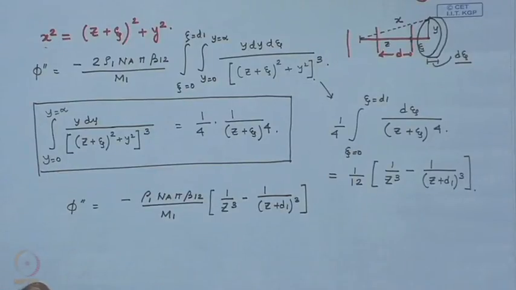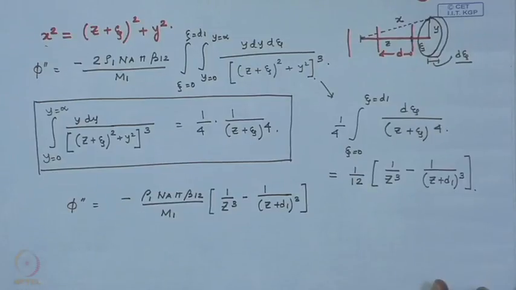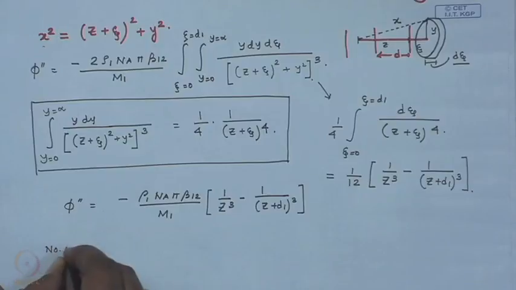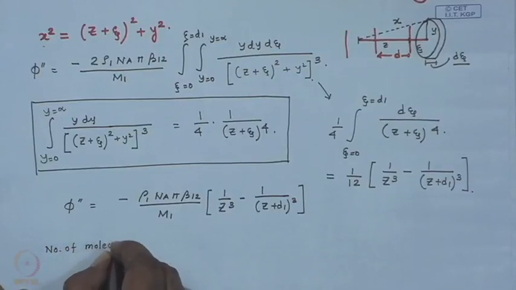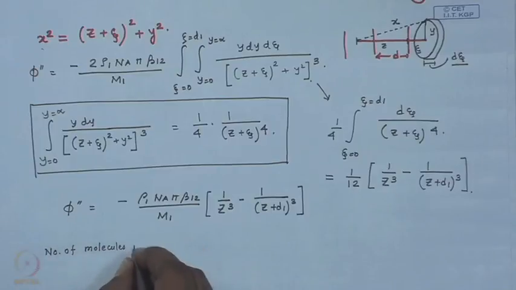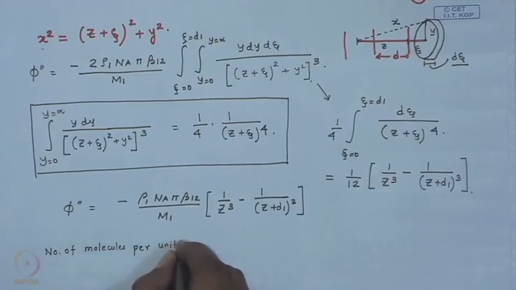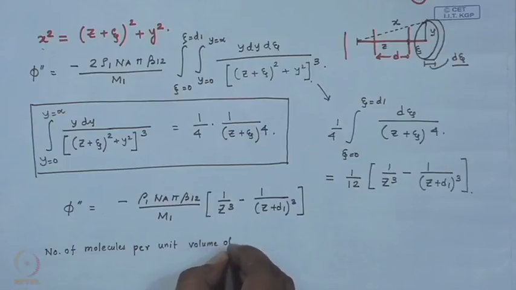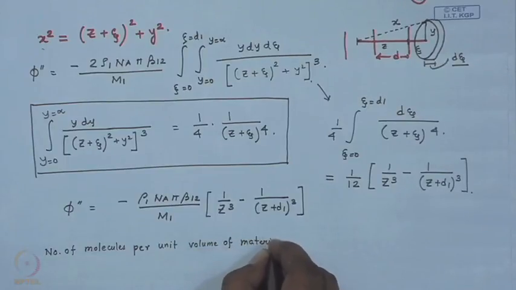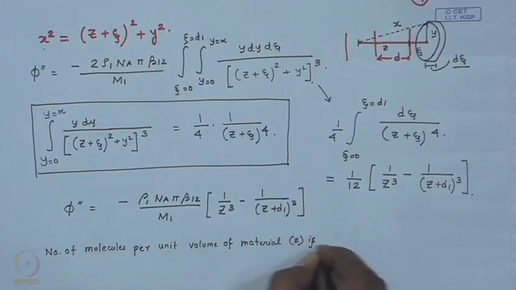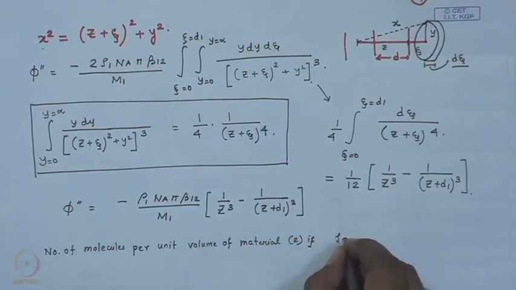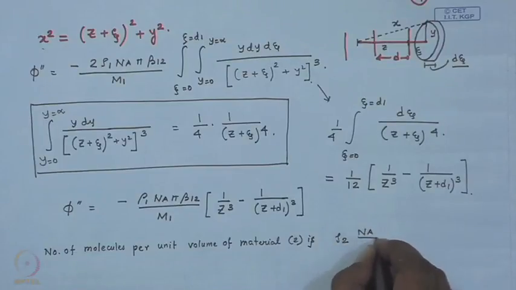So, beta 1 2 we have already mentioned. It is the coefficient which determines the strength of van der Waals interaction and is a material dependent property. Now, the number of molecules per unit volume of material 2 is of course rho 2 Na by m2.